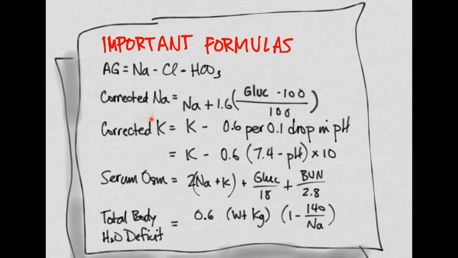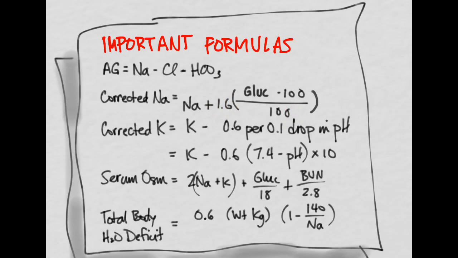Now, the corrected sodium is something we need to think about. The sodium that you get from the lab is going to be artificially low, so you need to fix that. The way you fix it is by adding 1.6 for every 100 of the sugar that is above 100. So mathematically, that is the glucose minus 100, over 100, times 1.6, added to the sodium.